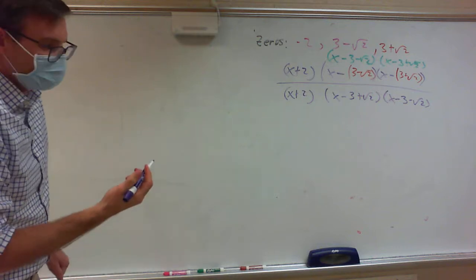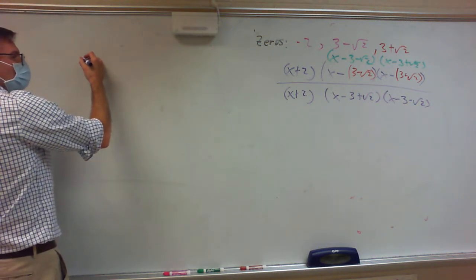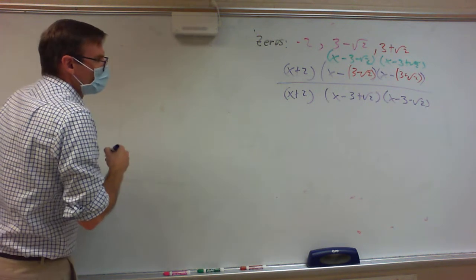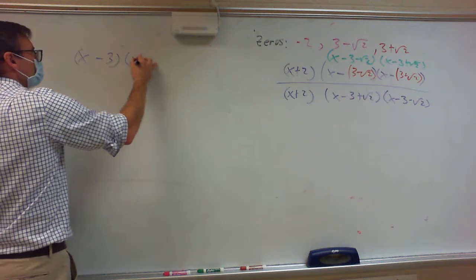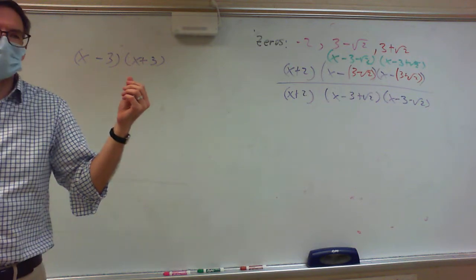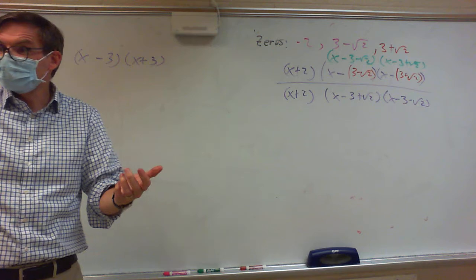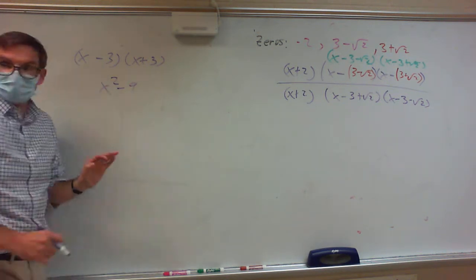Are we okay that, let's see, if I give you x minus 3 times x plus 3, can you multiply that easily in your head? Is that real easy? Everybody recognize that's easy, that's a difference of squares? And so we look at this and say, well, that's easy, that's just x squared minus 9.